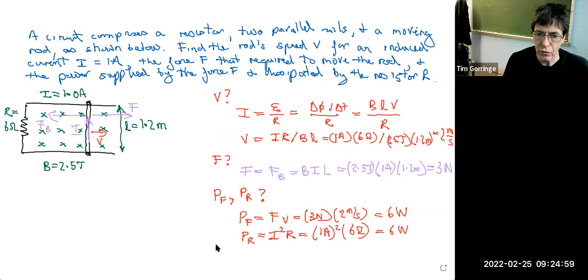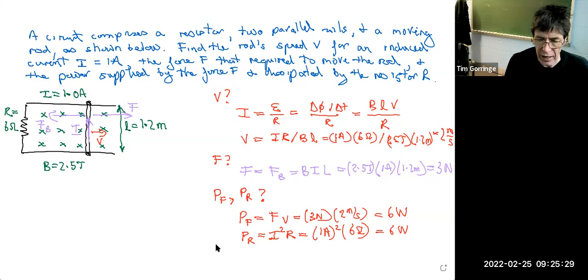The magnetic field was uniform in time, and it wasn't changing in space. The magnetic flux change in this particular problem was due to the dimensions of the circuit changing in time. So for the rate of change of magnetic flux, we use that equation BLV. That was very important here.